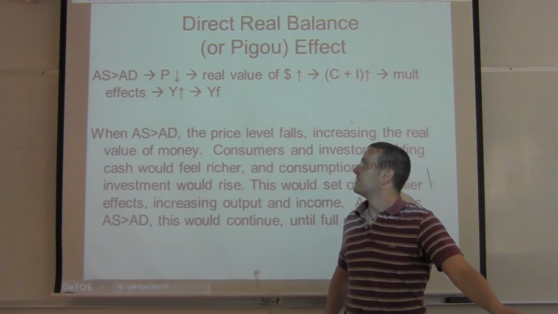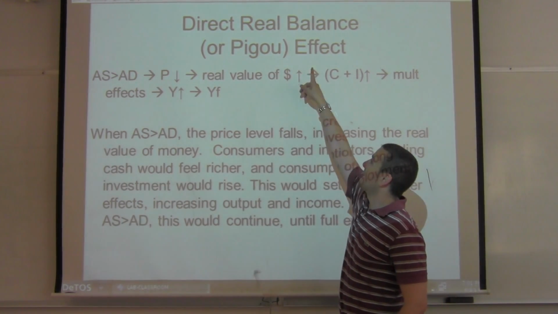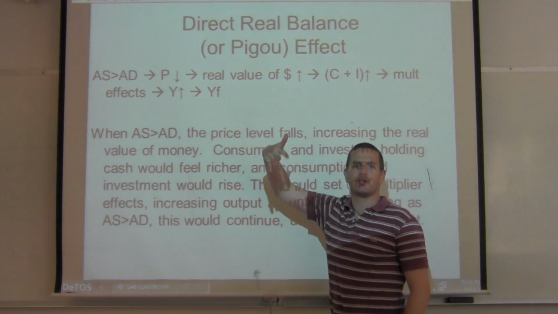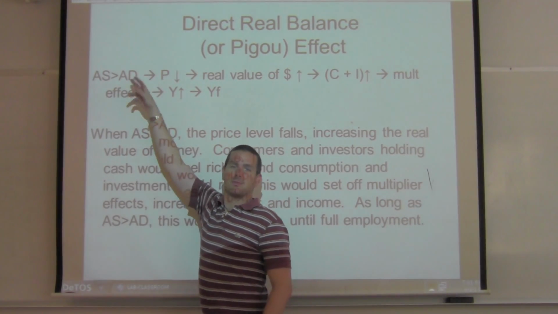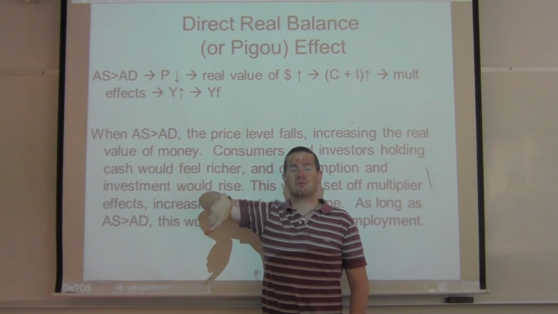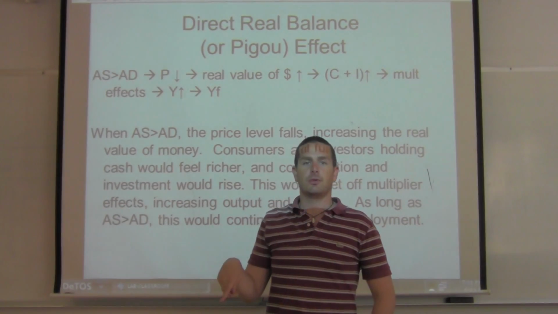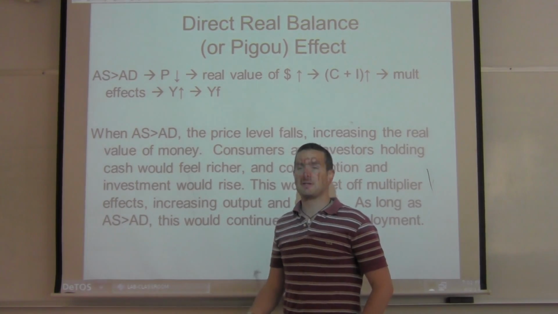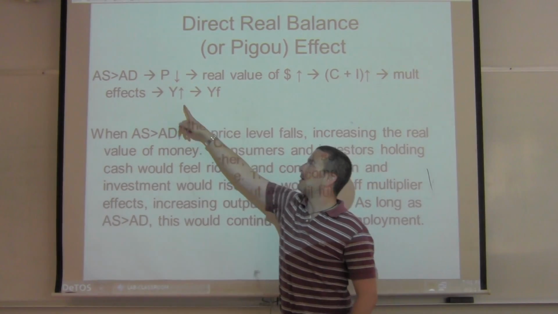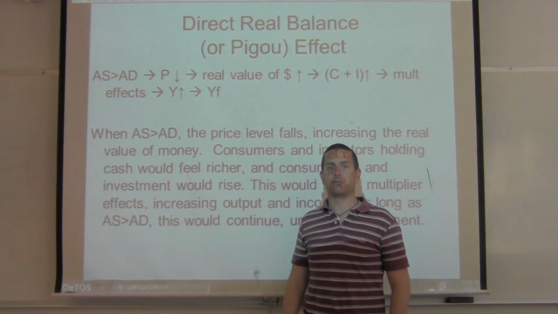So this is the direct effect or the Pigou effect. The names are interchangeable. Supply is greater than demand, prices go down, increases the real value of your money, which causes consumption and investment to go up. When that happens, you end up having income go up and you get back to full employment.